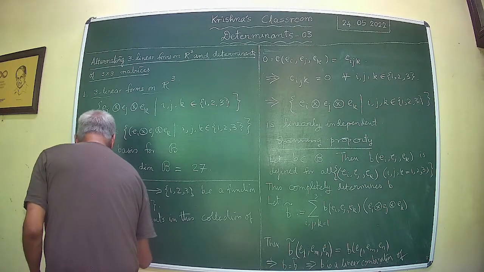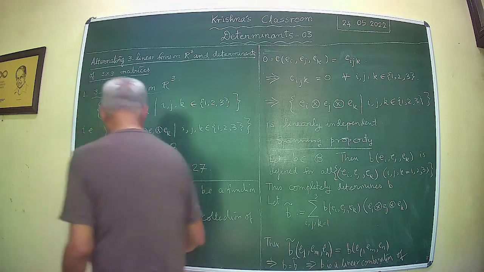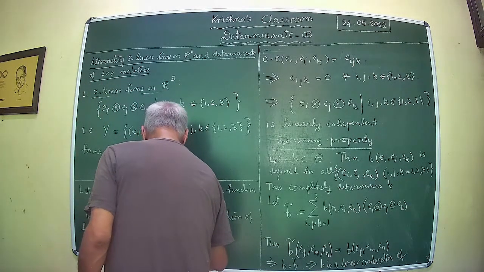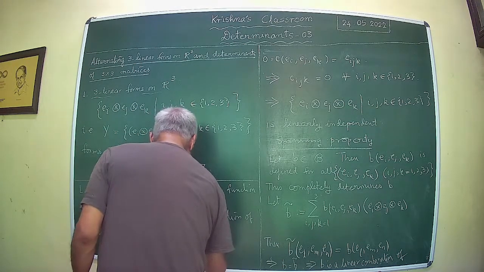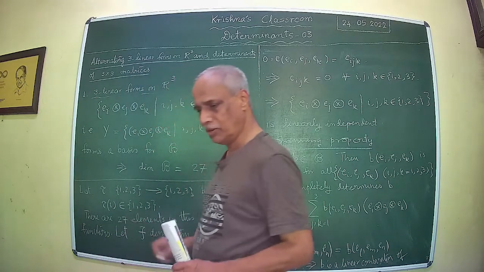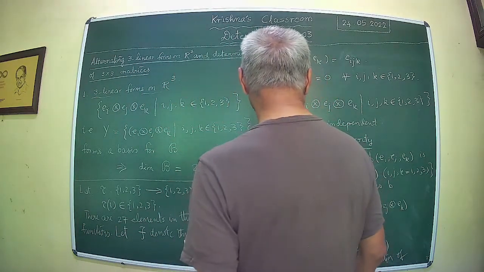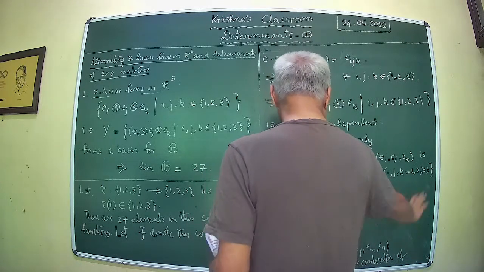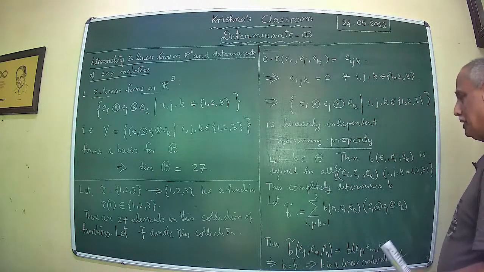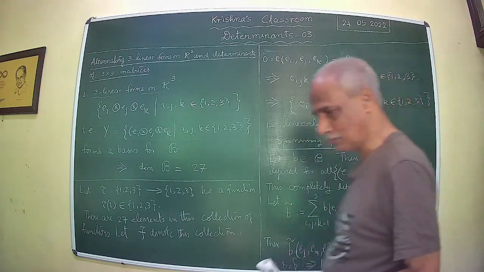Let F denote the set of all such functions. Now what I want to do is rewrite B, which we have written as a linear combination of this, in this notation using tau.